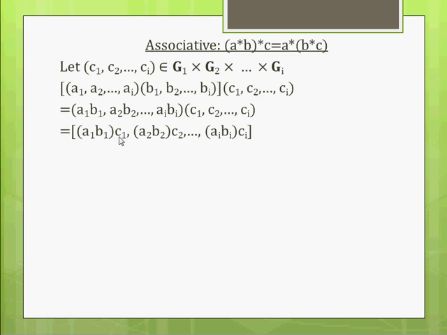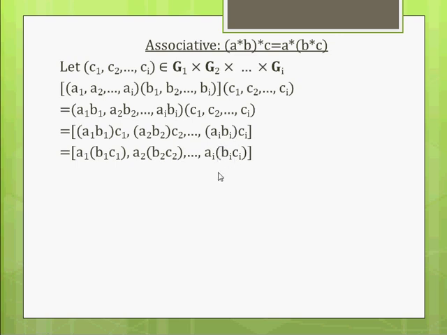So now we know that A1, B1, and C1 are in group 1. And since we know this is a group, we know it's associative. So we can rewrite this. We can regroup it. Since we know group 1 is associative, we know these components are associative. And since we know group 2 is associative, we know the components of group 2 are associative.